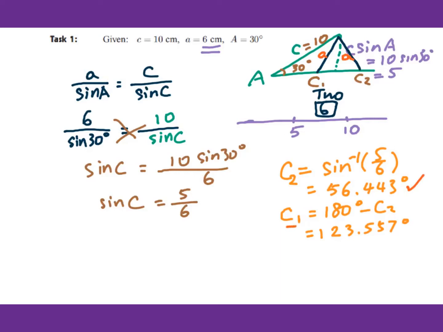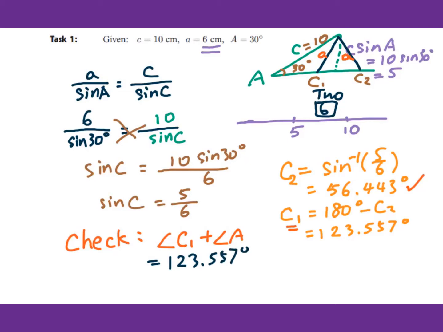What about c1? You can check c1 by doing angle c1 plus angle A. Is it less than 180? If it's less than 180, that means c1 does exist. Otherwise, c1 is wrong. So we got 123.557 degrees. You add 30 degrees.